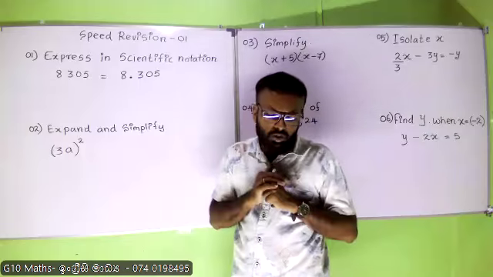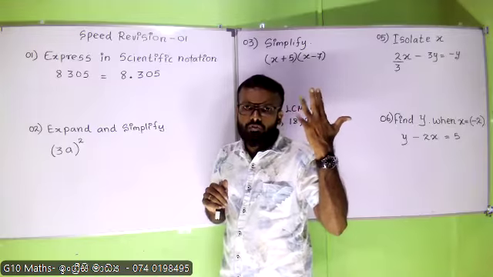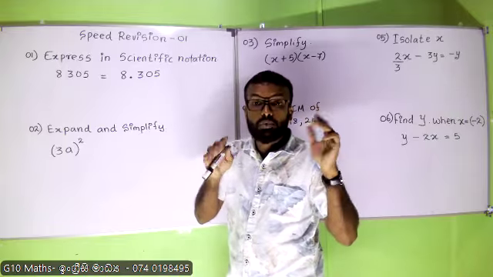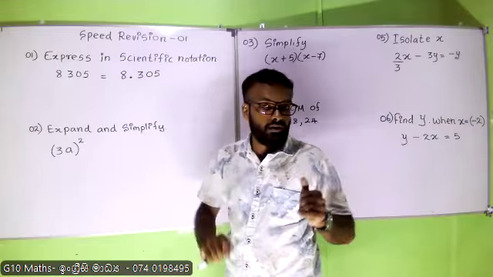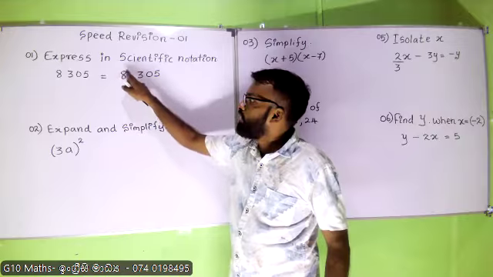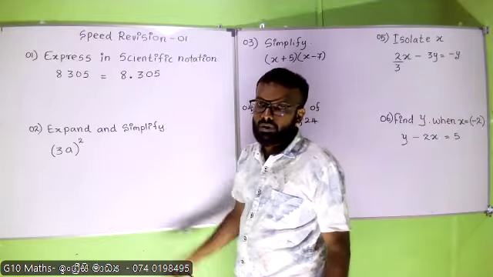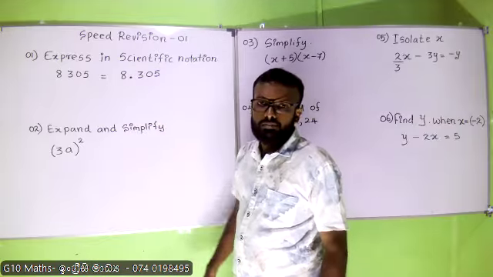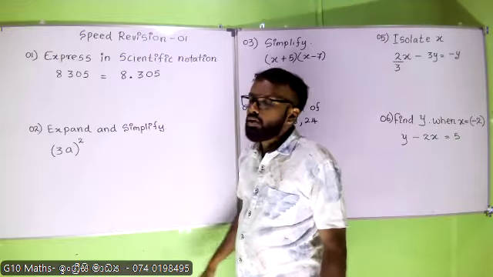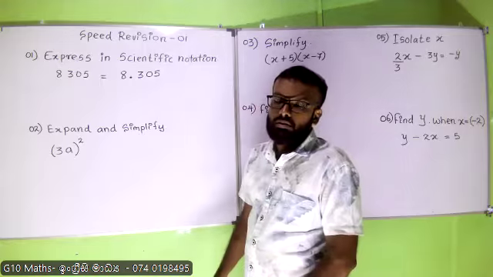A number between 0 and 10 means 1, 2, 3, 4, 5, 6, 7, 8, 9. So the first number, the ones place number, should be between 0 and 10. 8 point blah blah blah, it doesn't matter. 8.305.